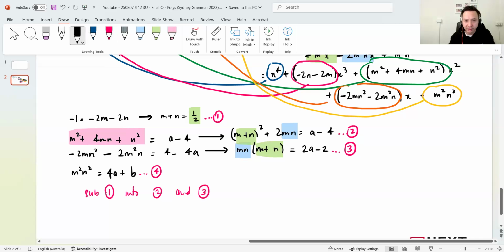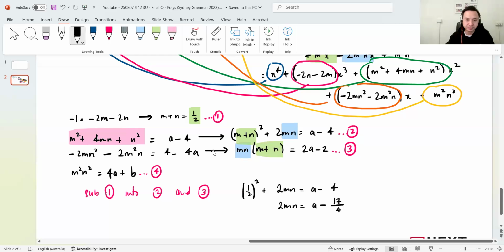So I get, sub that into there, I get a quarter. So quarter plus 2mn for now equals to a minus 4. So then 2mn equals to a minus, that's a quarter, so minus 17 on 4.